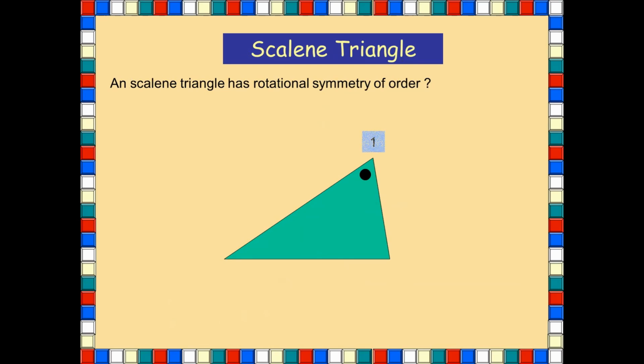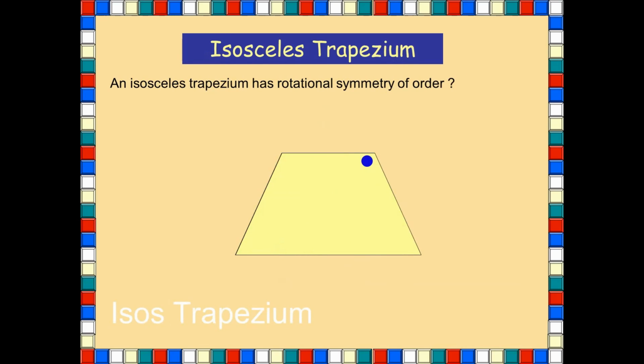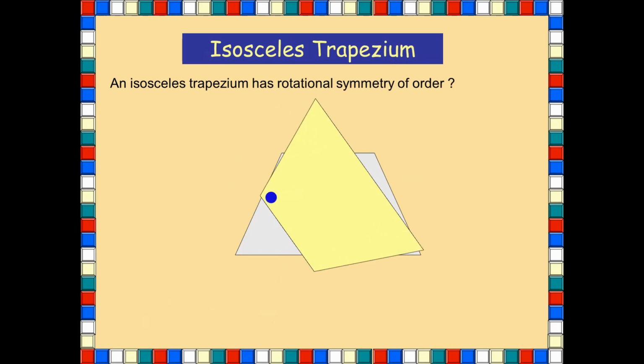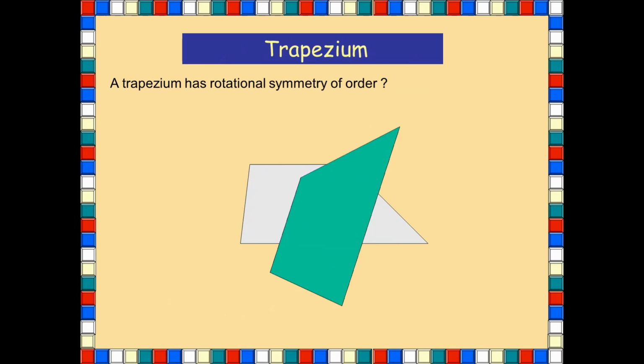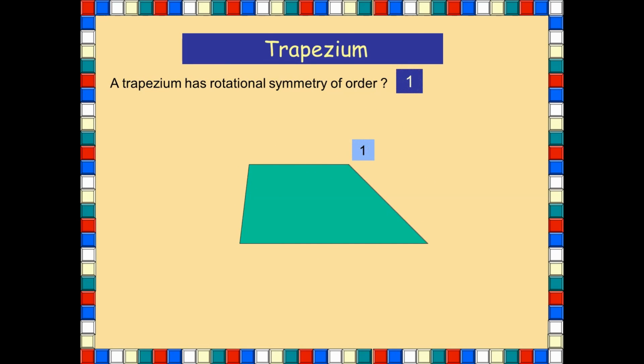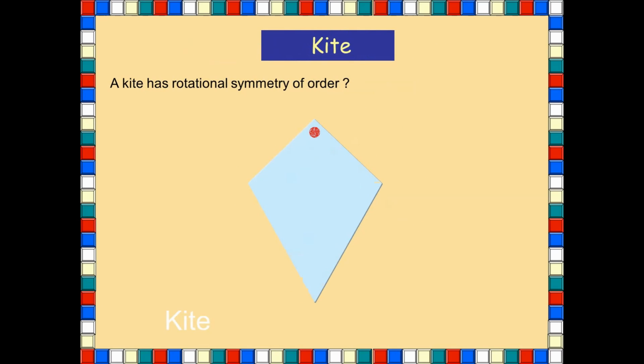Once in a whole rotation, so it is again order 1. What about an isosceles trapezium? Once in a whole rotation, so this is order 1. What about just a standard trapezium? Once, so order 1. A kite? Once, so order 1.